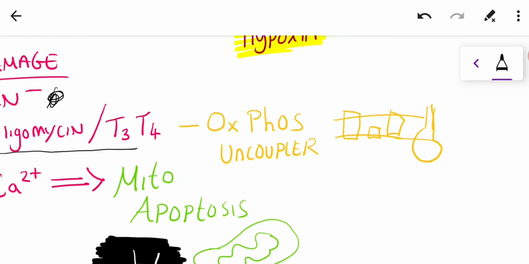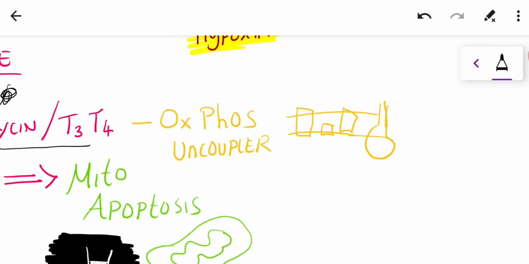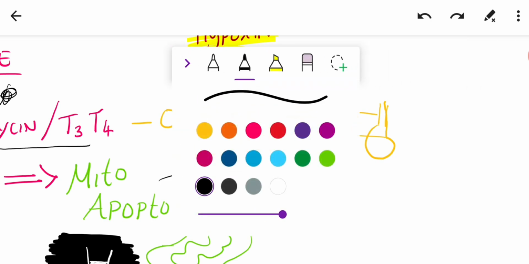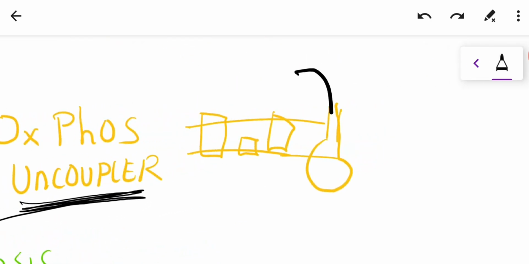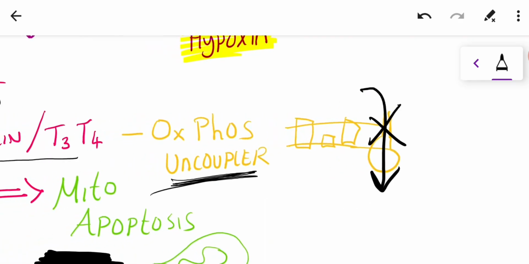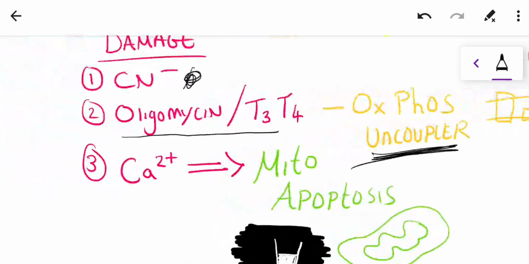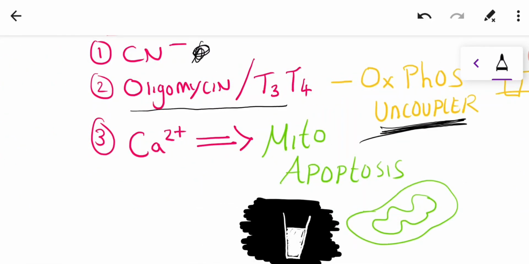Oligomycin and T3, T4, these are oxidative phosphorylation uncouplers. They prevent synthesizing new ATP. So there's a disruption in that process. T3 and T4 and oligomycin cause this disruption.